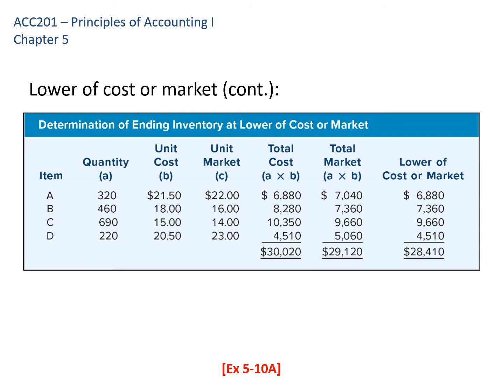So I would reduce the value of my inventory and recognize an expense, which is effectively recognizing the loss that has occurred on items B and C. If I was doing it for the entire inventory, I would just write it down from 30,020 to 29,120.